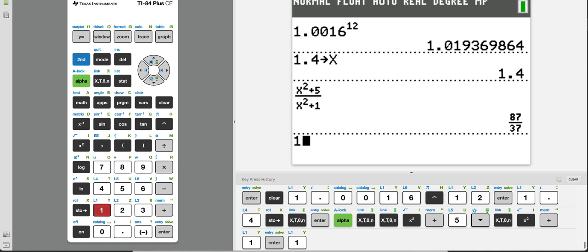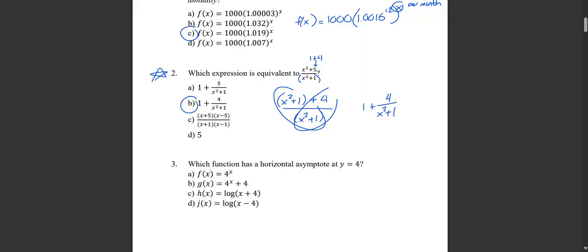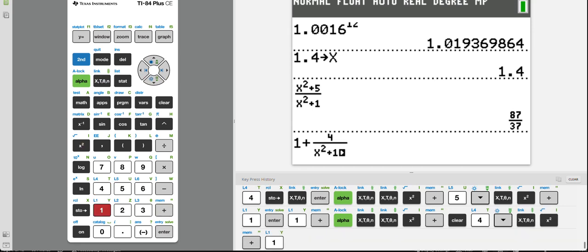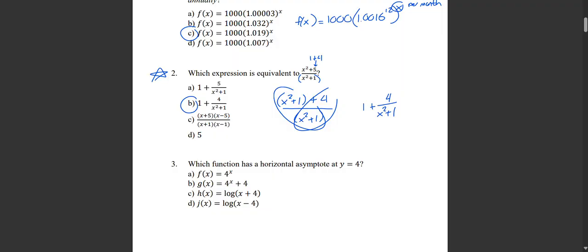And then I'm going to check what I think the actual answer was, 1 plus 4 over x squared plus 1. They both return the same output, therefore they must be the same. I find that stowing a decimal number like 1.4 or 5.2 will avoid any of the weird cases with this feature.